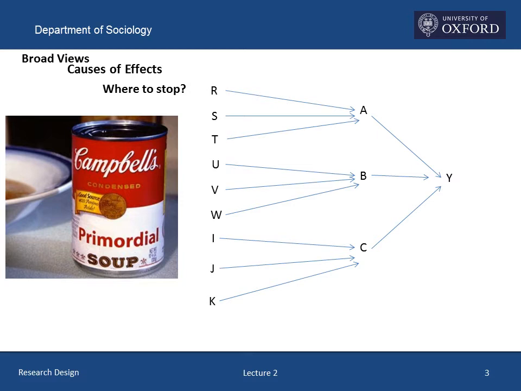It's not really possible to answer the "when should I stop" question in a general way. Sometimes features of the context help to identify a stopping point. For example, if the purpose of the investigation is to effect change through a social policy intervention, then it would make sense to stop at the point in the causal chain that is most amenable to direct policy intervention.